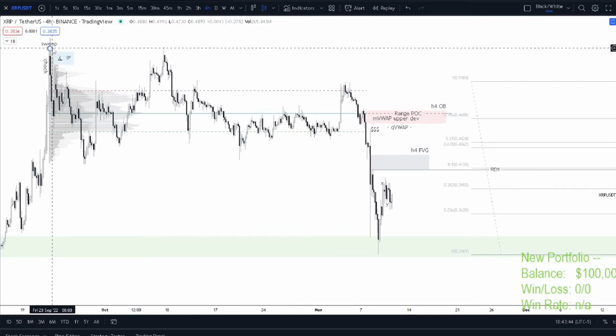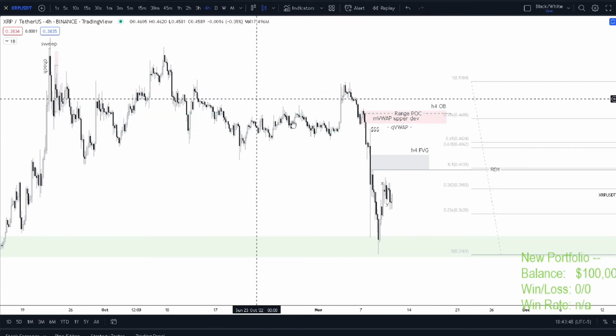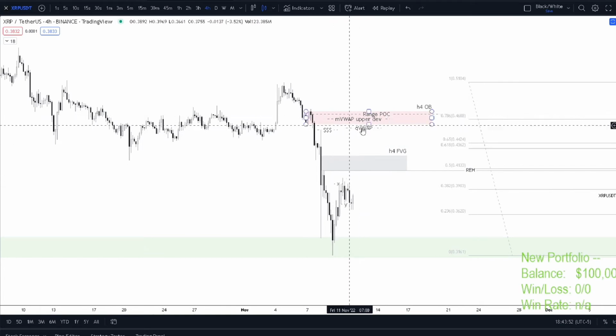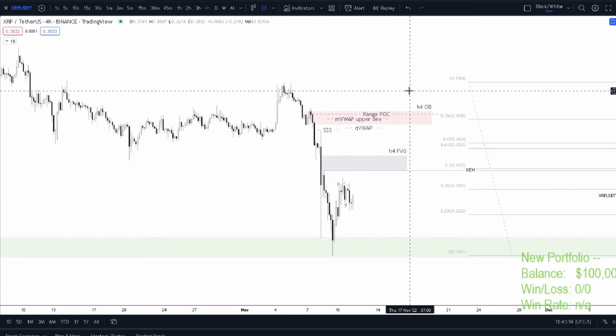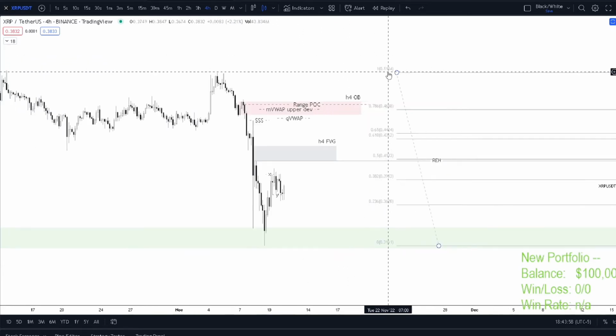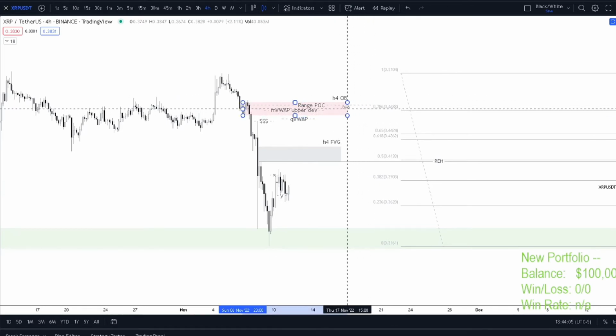Then I'm going to hide the fixed range volume profile. So yeah, already there's just so much confluence in this area that I'm looking at. Just by this, I'd be pretty convinced to take a short trade around here.